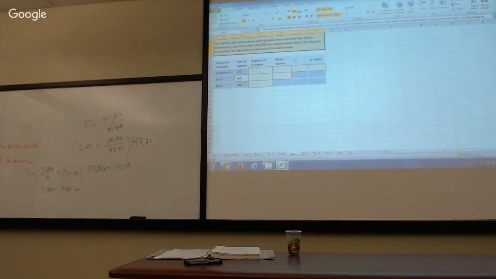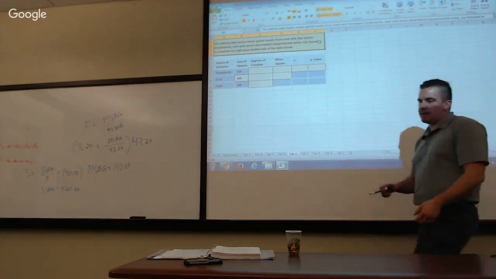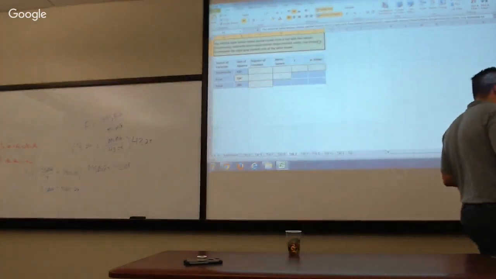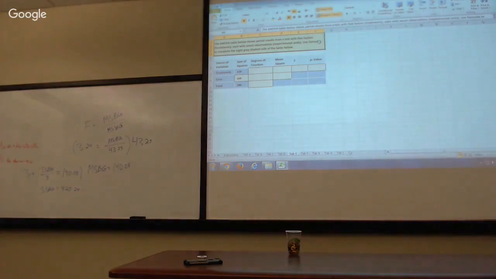So it says here the test has 5 factors, given 7 observations within each factor. We look at our table. Our treatments are 5, so 5 minus 1 is going to be our treatment degrees of freedom.